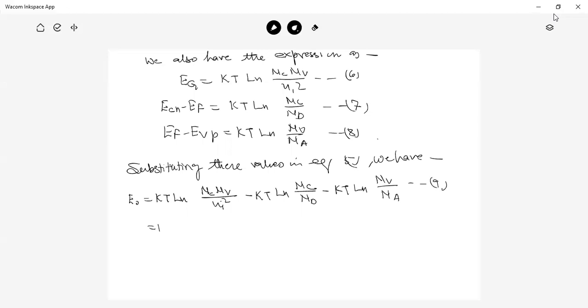So if we take KT common and then operate, that is ln NC NV upon NI square minus ln NC upon ND minus ln NV upon NA.